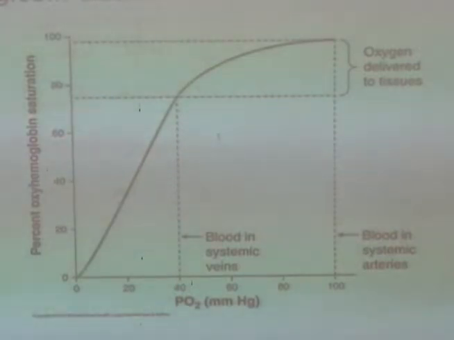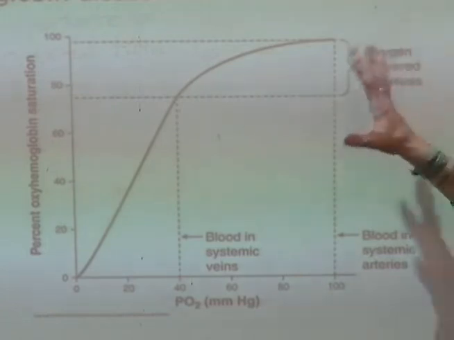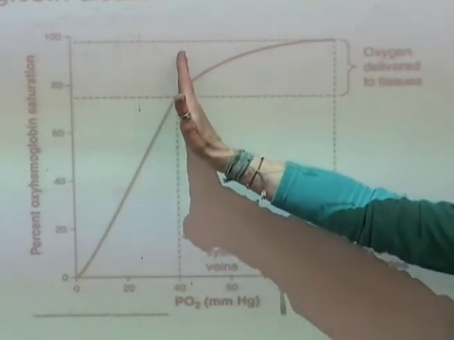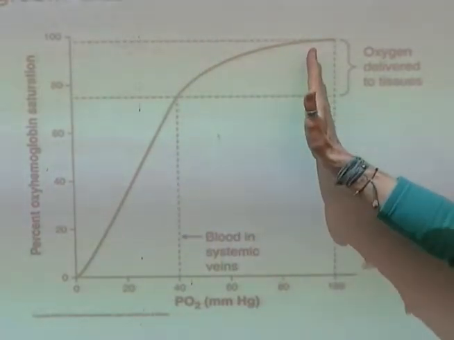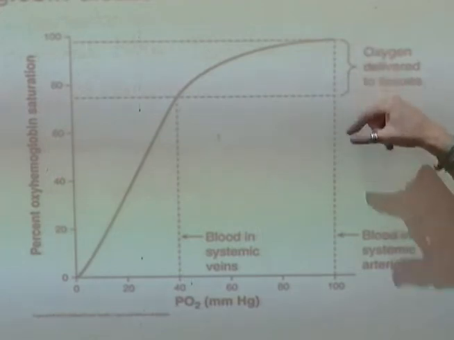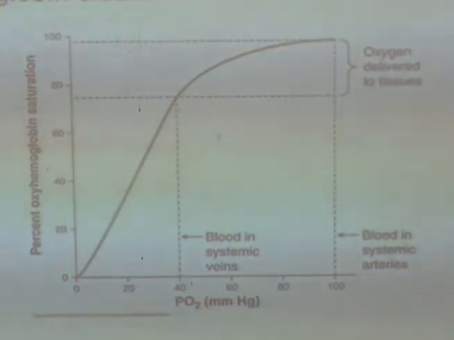So again, if the curve thing does your head in, ignore the curve. If you're okay with the curve, the temperature shifts it to the right. What that indicates is that I can get rid of my oxygen more easily. The oxygen can get off the bus more quickly.